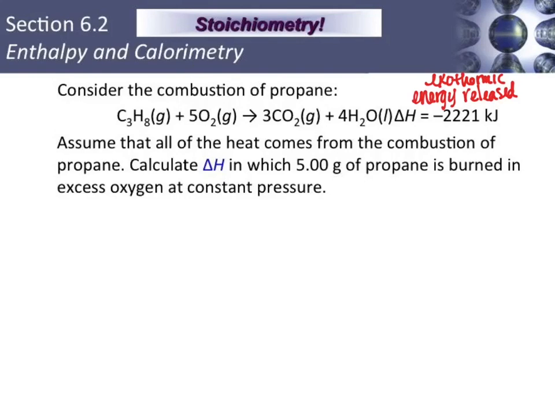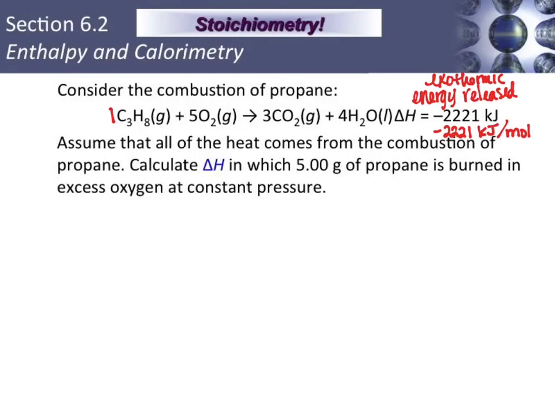And what you'll see a lot of times on the AP exam is it'll say negative 2221 kilojoules per mole. So that's in that reaction, and that is per mole of our propane.